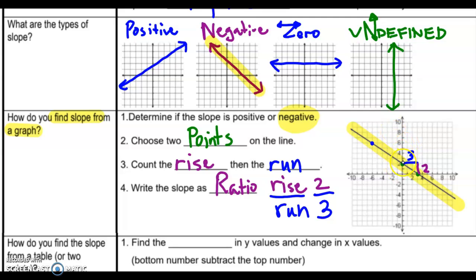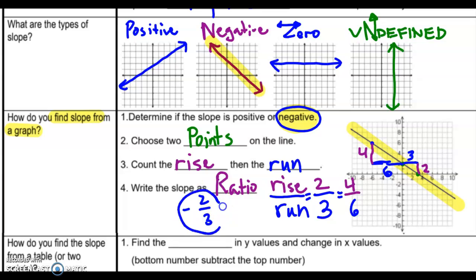So now if I count 1, 2, 3, 4, 5, 6, and then count up 1, 2, 3, 4, I get 4 over 6, which is still the same thing as 2/3. The only problem is I need to remember to put a negative sign out in front. So negative 2/3 would be my answer.